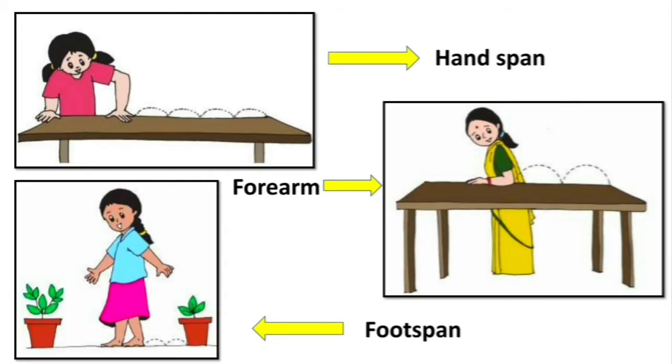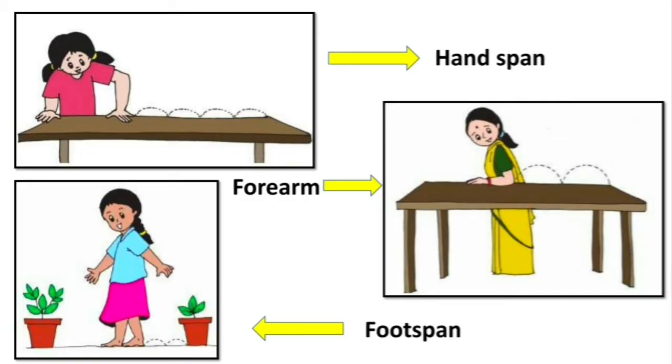Foot span is the distance from the tip of the longest toe to the end of the ankle, as shown in this picture. And forearm is the distance from the elbow to the tip of the middle finger, as shown in this picture.